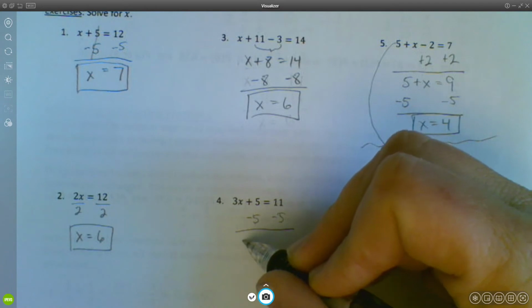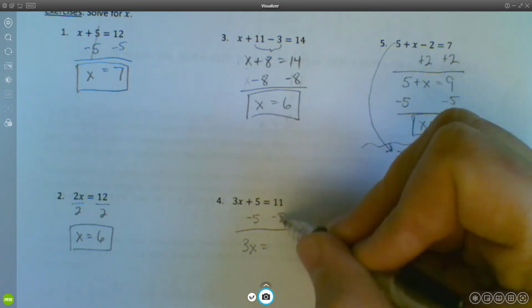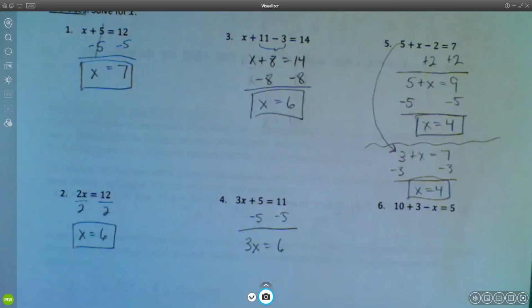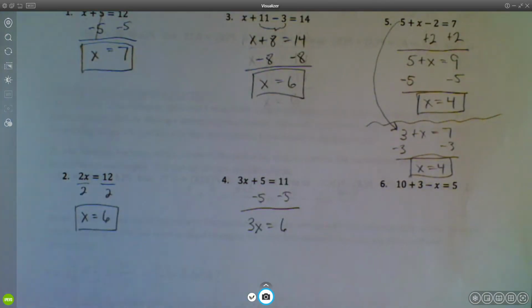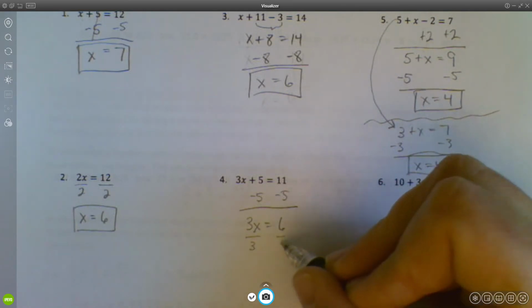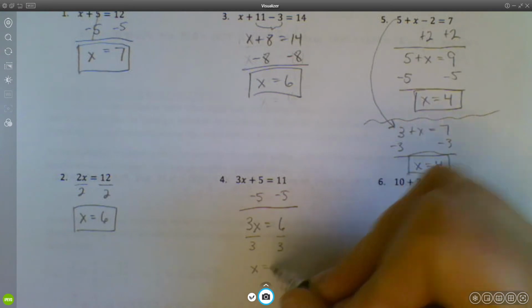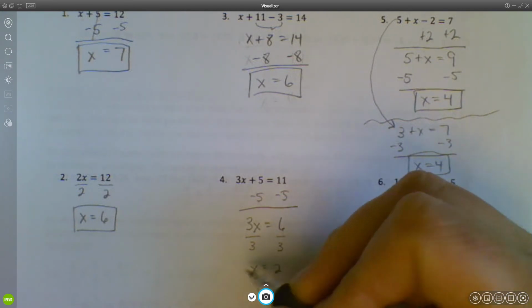On the left-hand side, we'll be left with a 3 times x. On the right-hand side, we'll be left with 11 minus 5 is 6. And then I can do that multiplication by dividing by 3. We'll be left with an x on the left. 6 divided by 3 is 2 on the right.